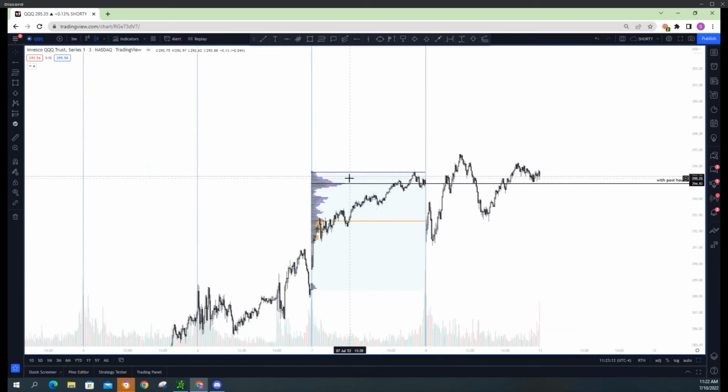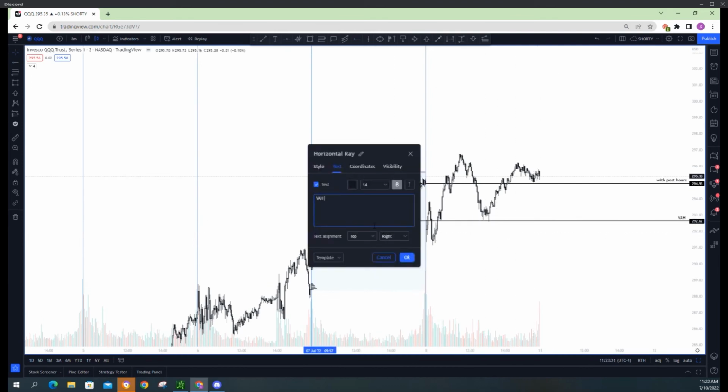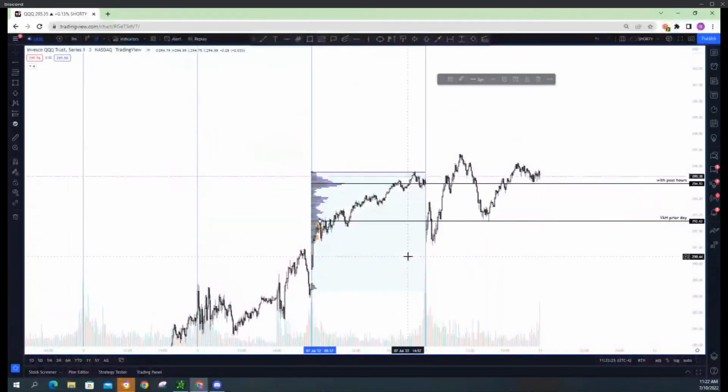So this is the regular trading hours. I know this is the POC from the day before. I know, for instance, this is the value area high, and this is my value area high as well of the day prior.